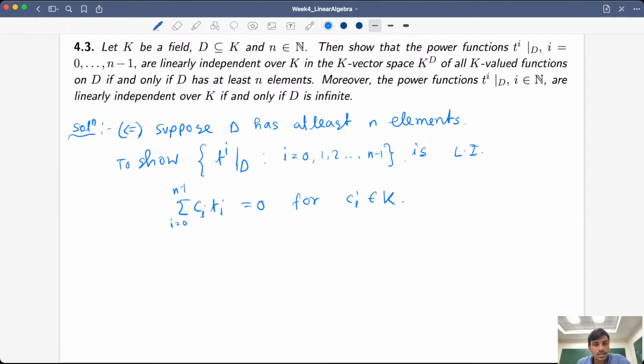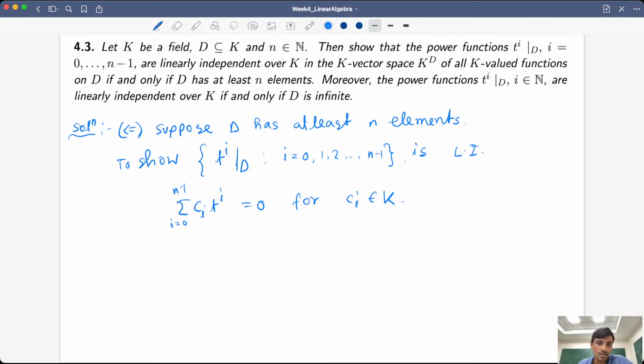This sum is again a function, right? Sorry, this is not t power i. This is again a polynomial function over the field k on the subset D.